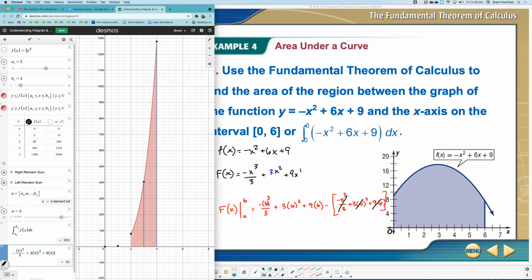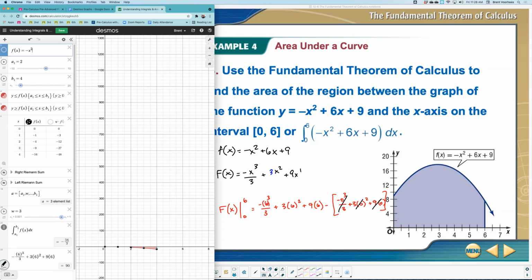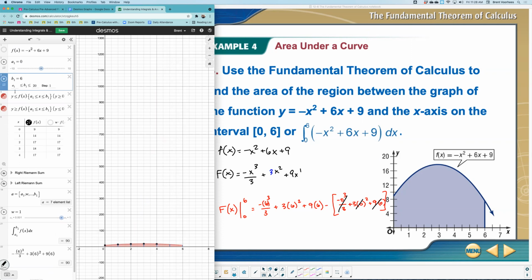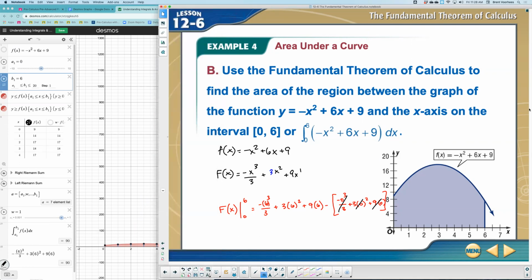Let's determine now if that's totally accurate. We have negative x squared plus 6x plus 9 as my original function, and I'm looking at the integral on the interval 0 to 6. And it does say it's 90. So we got that correct. So the answer here would be 90.